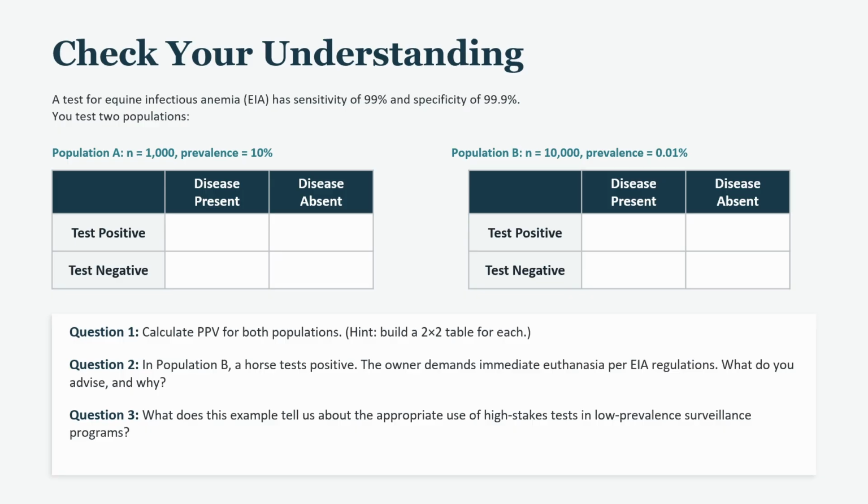FP equals 1. PPV equals 99 divided by 99 plus 1 equals 99 over 100 equals 99%. In an outbreak setting with 10% prevalence, even a single positive test is almost certainly a true positive. The test earns its reputation here.